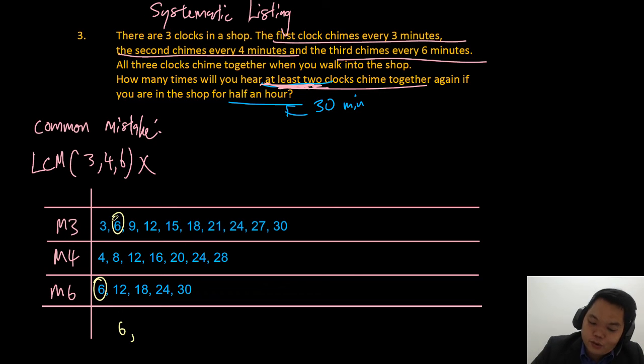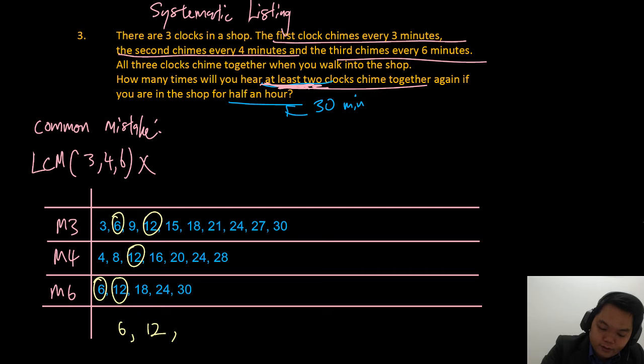No, it's not about lowest common multiple. This is a common mistake. You want at least 2 clocks to chime together. Then the next one is 12. If 3 clocks chime together, that is considered as at least 2.